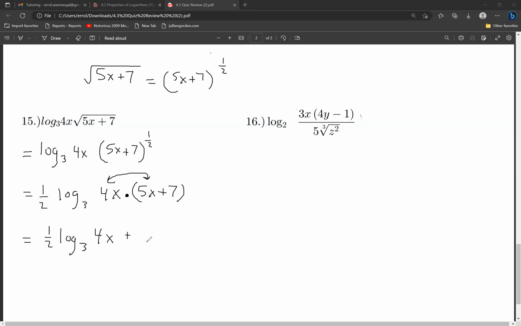Half log 3 4x plus half log 3 5x plus 7. Because this is multiplication here, remember your log rules. Break it into two: there's that one, and there's that one. Get it?